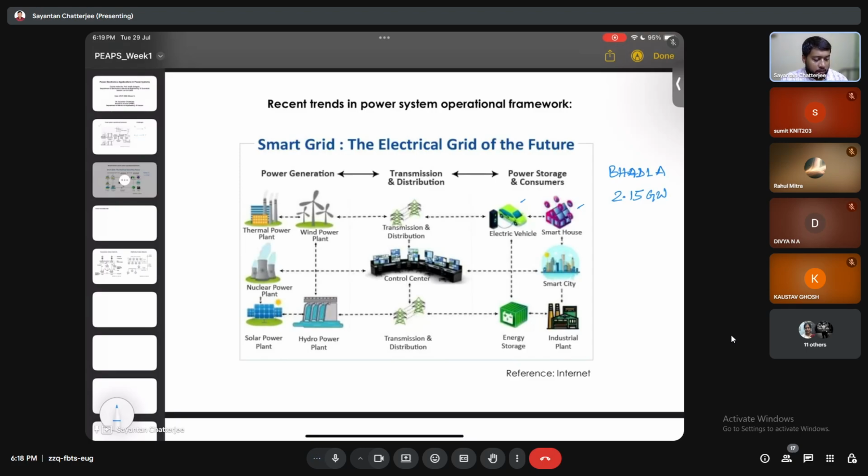And all of these equipments aim to improve the voltage profile, to integrate the renewables in the entire power system.